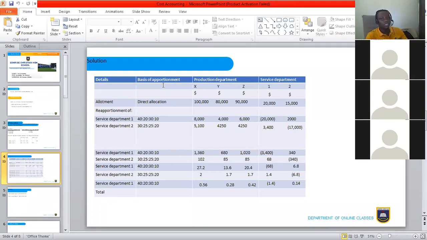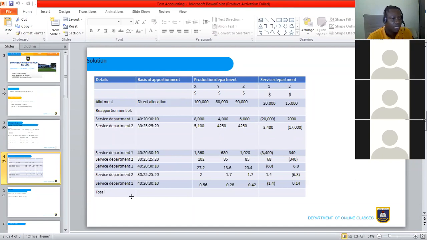Most often the question will tell you which method to use. So here we are using the repeated method, and we were able to find a solution to the question that was given to us. And this is how our solution is supposed to look.